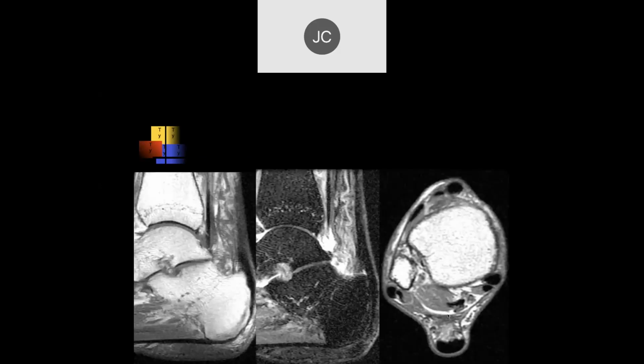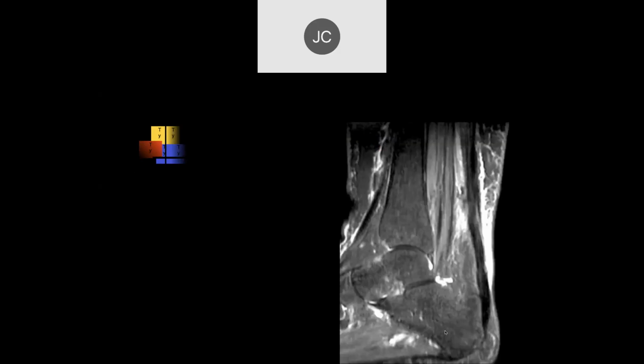If you notice on the axial images, instead of having nice fat here, we have it replaced by scar tissue. So that's peritenonosis. Some people in the past have called it peritenonitis, but generally it's usually due to scarring from either prior inflammatory disease or prior injury.